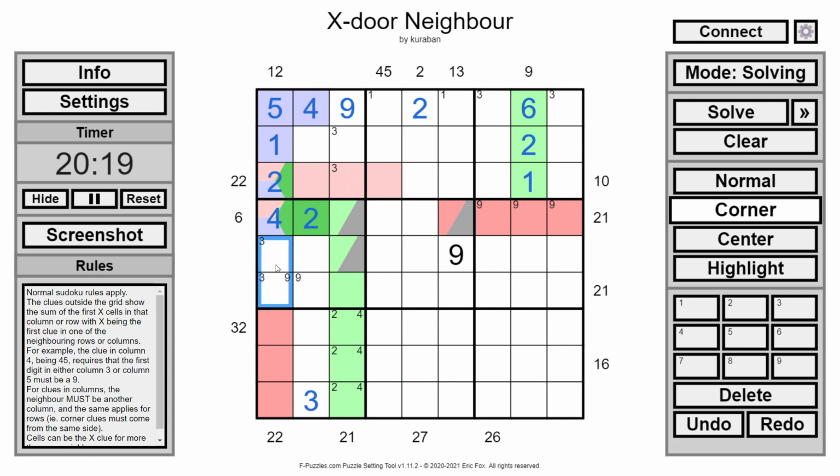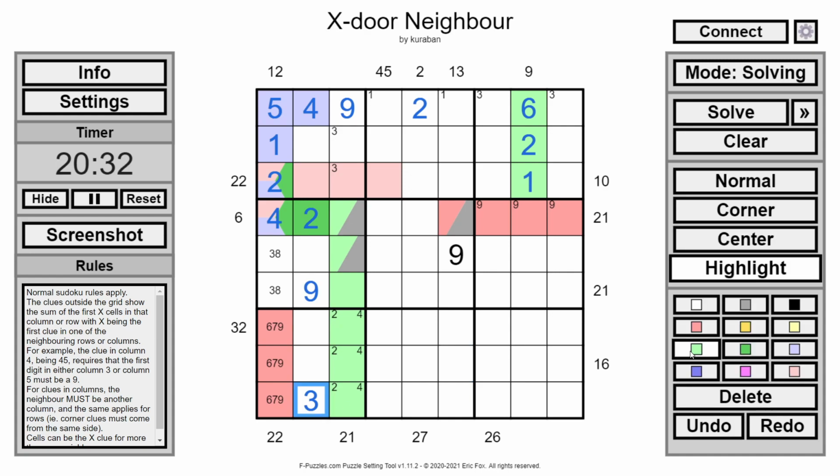So that's an 11. We just said this was an 11 buffer. So that's 3, 8. So this must be the 9. What's this? It's 9, 6, 7. Oh, and this is the dark pink. This 3 can't be this 3.